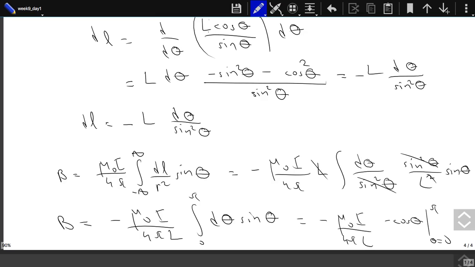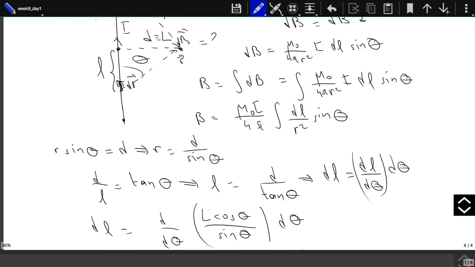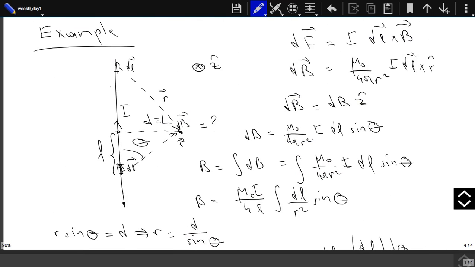But then the trick is, this DL should be a positive number. So you are increasing L from minus infinity to plus infinity, right? You see, this is the DL that we had defined over here. If DL is positive, L is decreasing. So that's kind of the tricky part.